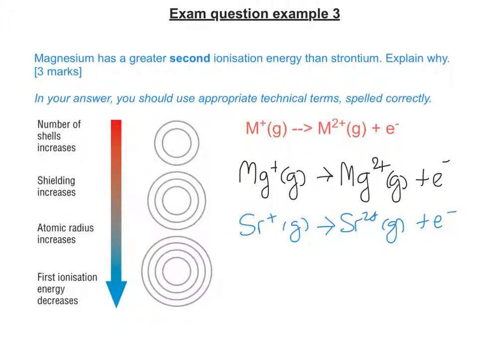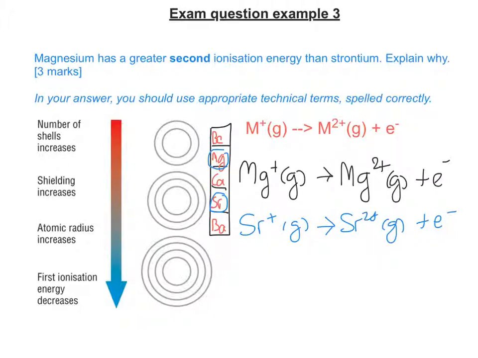So if we look at where magnesium sits compared to strontium, in the periodic table in group 2, if we just sketch it out like this, with beryllium at the top, then magnesium, then calcium, then strontium, then barium. And if we highlight the two that we're looking at, we can now reach a conclusion.